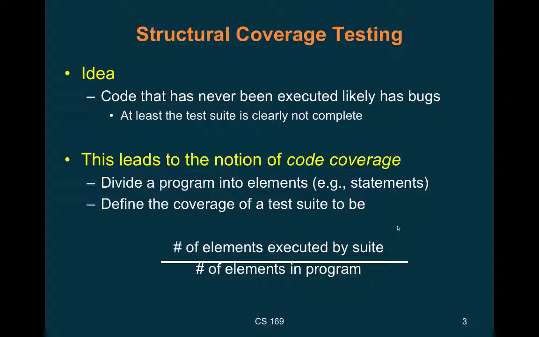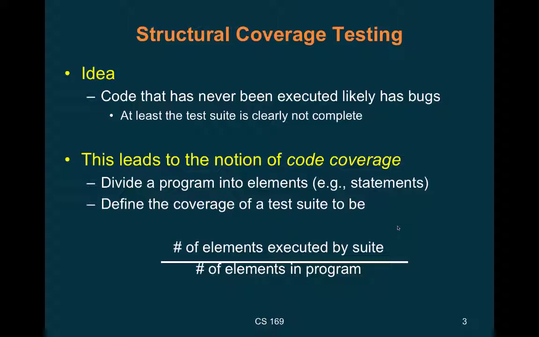We're going to divide the program into some notion of elements of coarser or finer granularity. Then we're going to be counting how many of those elements get executed during testing. And you need to use a special tool for that. I will demo to you a couple of those tools. So as the tests run, the tool monitors the execution and counts how many of each of these elements are covered.